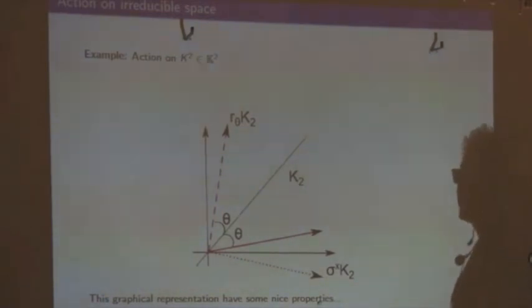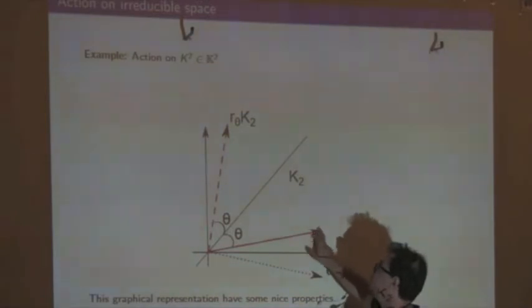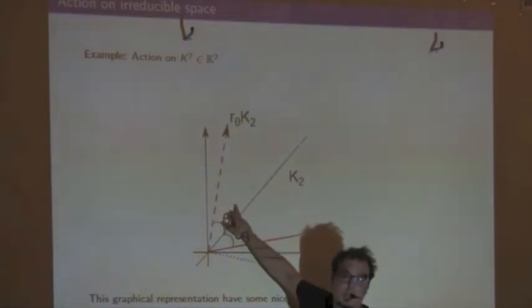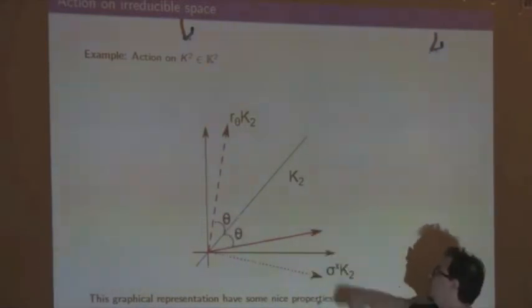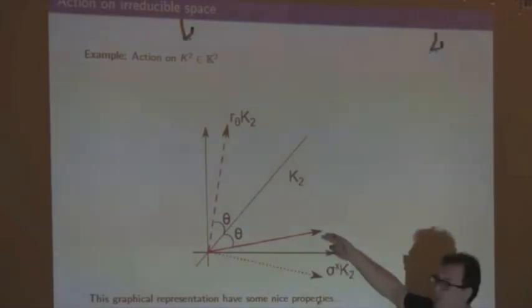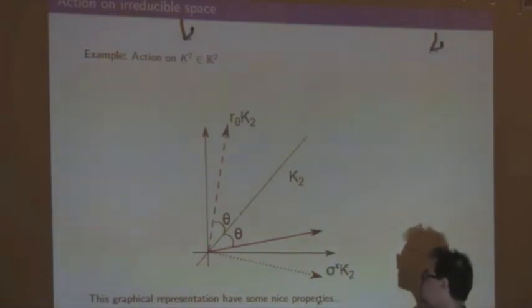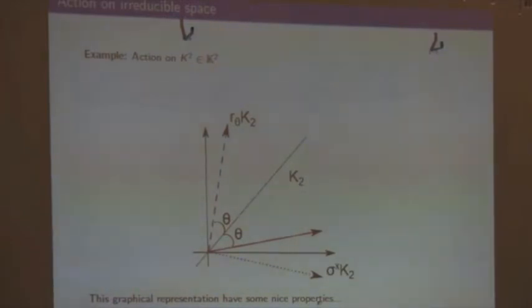If I turn and act by an angle theta on my data in K2, it will be turned by an angle 2 theta. And in the same way, if I act on my deviator using a mirror, it will appear as a mirror according to the x-axis. You will see the image in the mirror. So we have a very intuitive representation of how things behave.